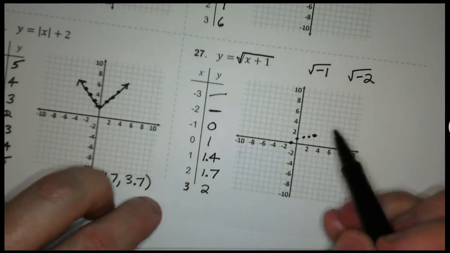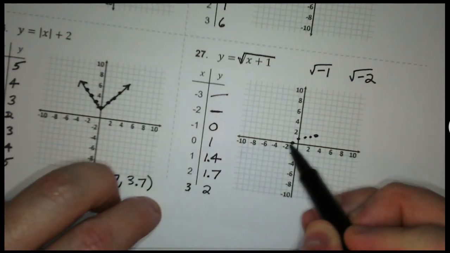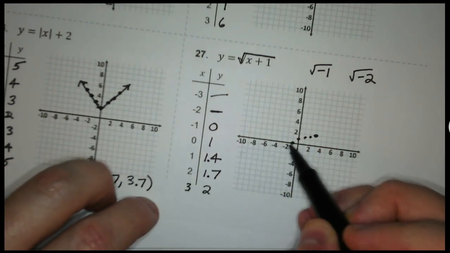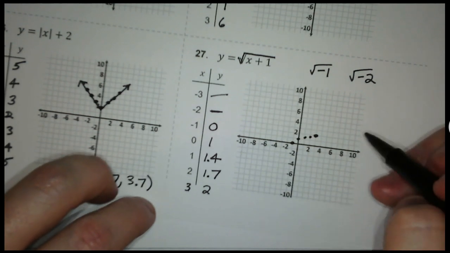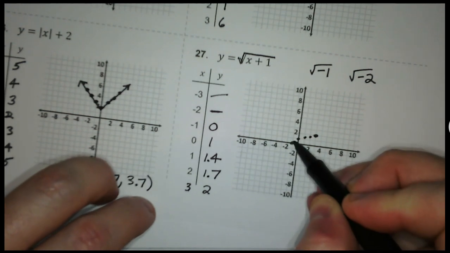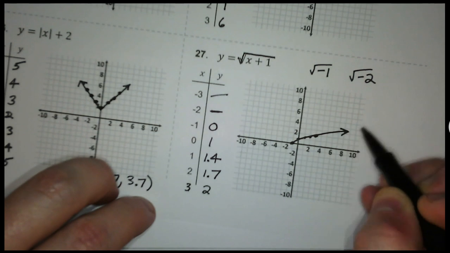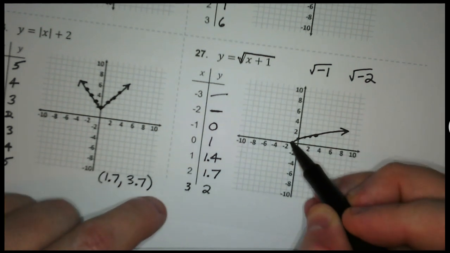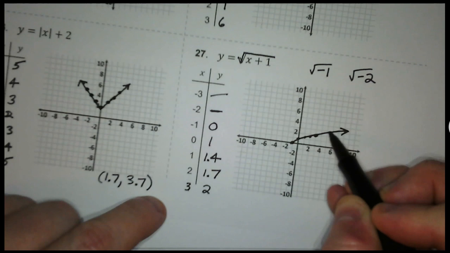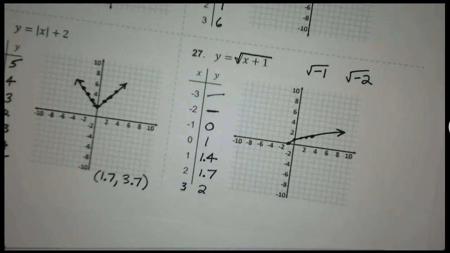And since we can't even plug in any of these other negative x values, this graph just kind of starts right there, like out of thin air. It goes from here and then it curls up and to the right forever.